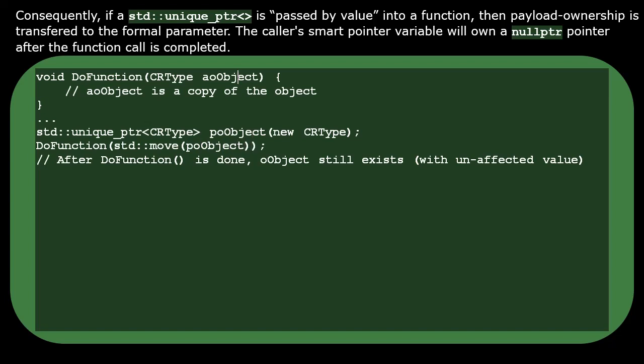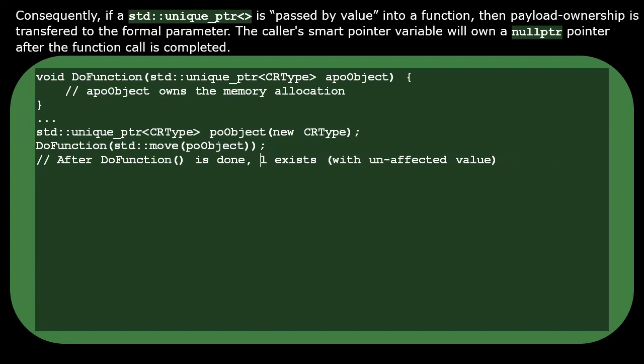This means that ownership of the memory allocation is transferred into the formal parameter, into the function. After the function is completed, the caller's smart pointer variable will be back in its uninitialized state.